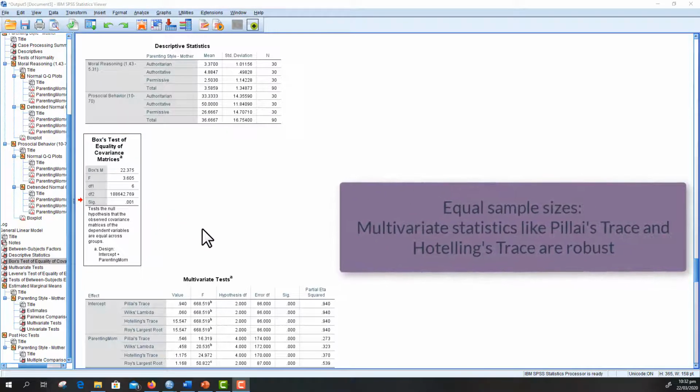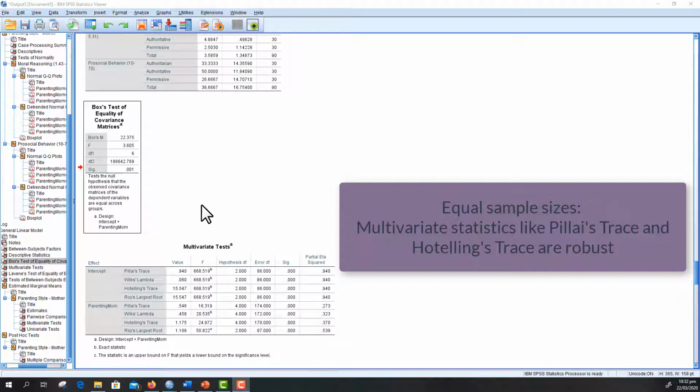However, if sample sizes are equal, which in our case here, we have equal sample sizes, researchers tend to disregard the Box's test because it tends to be unstable, and we can also use robust MANOVA statistics such as Hotelling's T and Pillai's statistics.